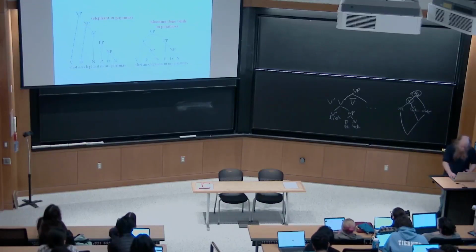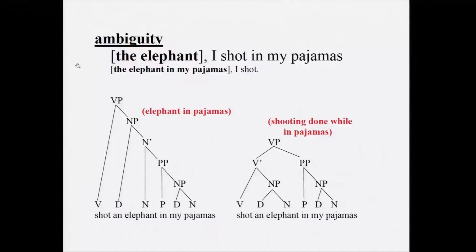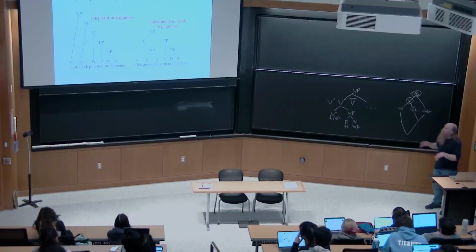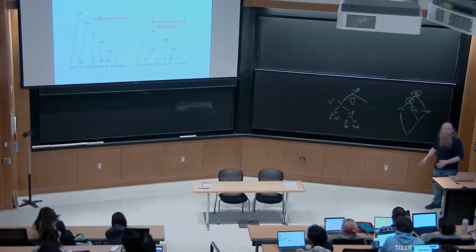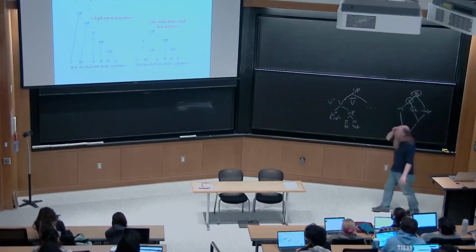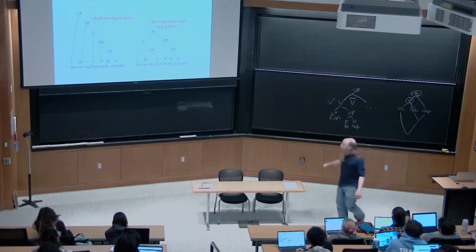One of the tests we were fooling around with was what I called topicalization. It's possible to emphasize something by moving it to the beginning of the sentence. So you can say things like, the elephant I shot in my pajamas, or the elephant in my pajamas I shot. Now, let's consider the tree on the left.